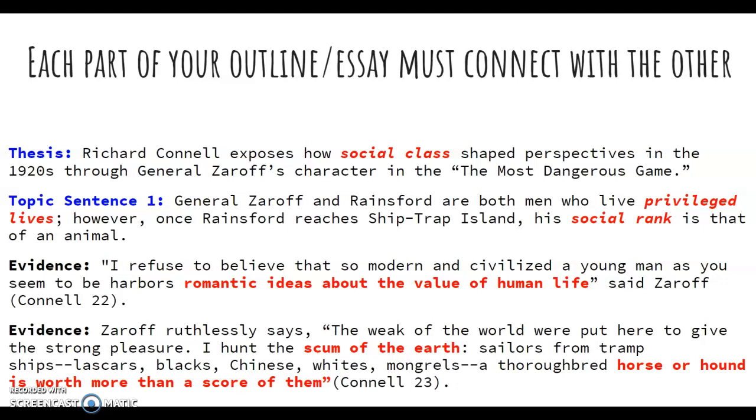And this is happening because during this time, Rainsford is in disbelief that Zaroff would actually want to hunt a human. They're humans. Okay, and Rainsford just sort of scoffs at that idea, and he's like, oh, your ideas are so romantic. Okay, so he's belittling what Rainsford is saying.